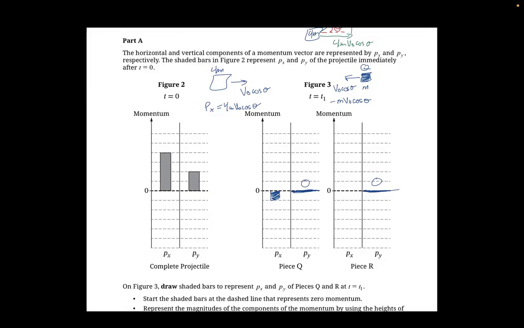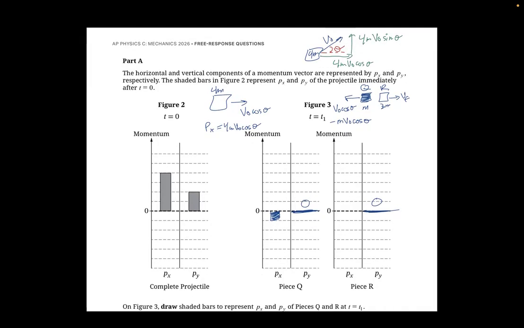And then now we've got to figure out piece r. So piece r has a mass of 3m, moving with some final speed vf. Let's actually calculate that final speed. We could do something like a conservation of momentum scenario. So we'll look at that, conservation of momentum.